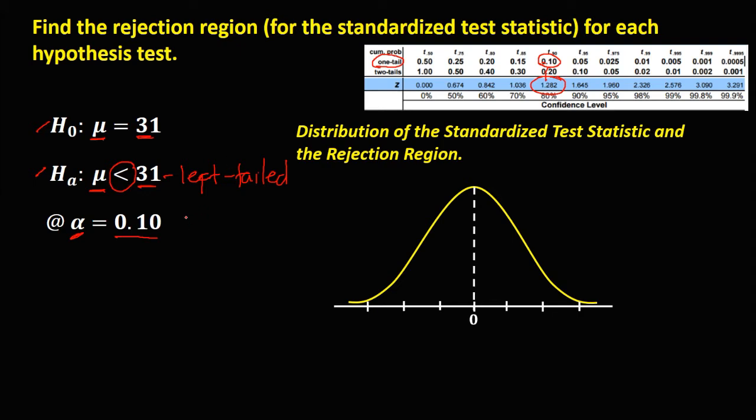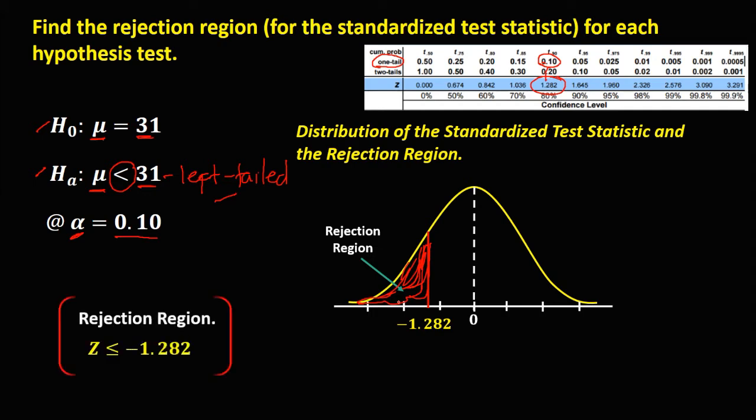But since the given is left-tailed, therefore to the left, and the sign to the left is negative, so the value now is negative 1.282. So this is now the rejection region. So all numbers to the left of negative 1.282. So the rejection region now, z is less than or equal to negative 1.282.